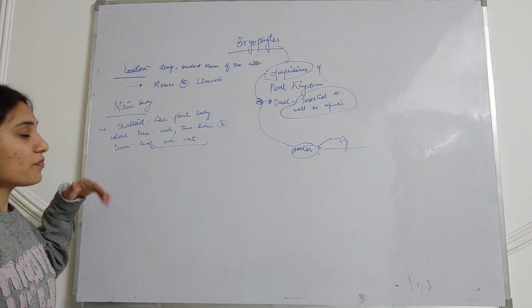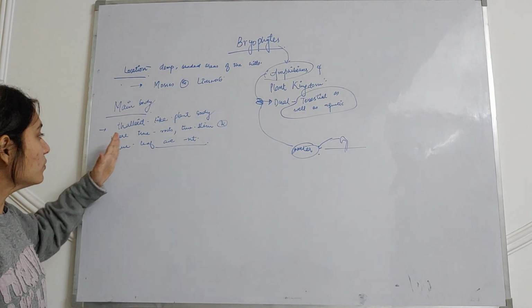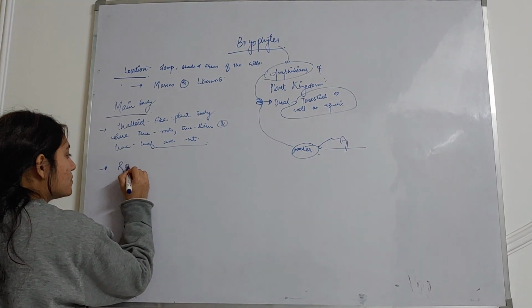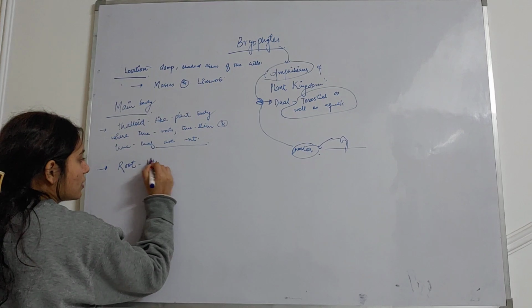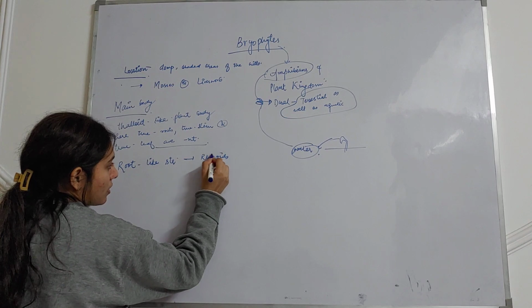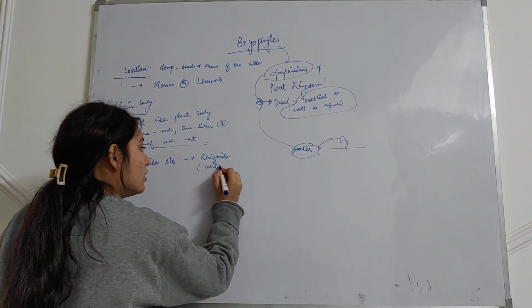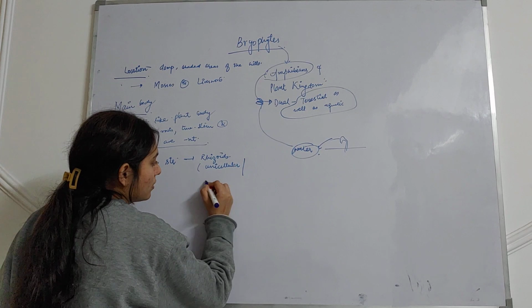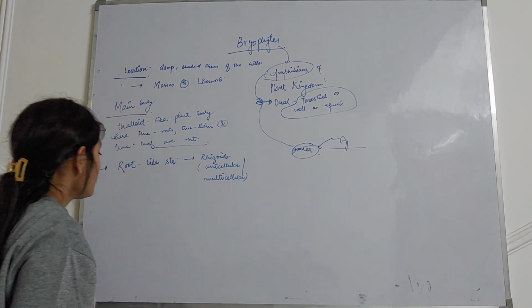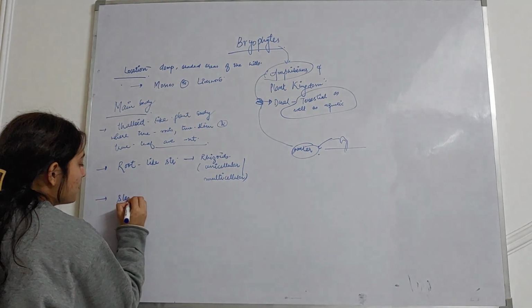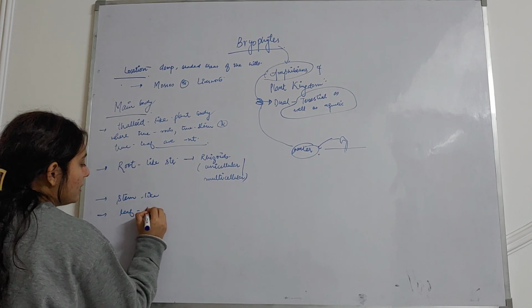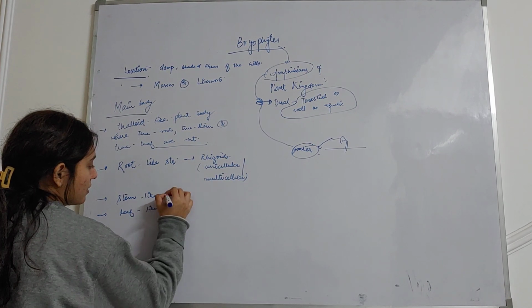In case of root, a root-like structure is present in bryophytes called rhizoids, which can be unicellular or multicellular. And stem-like structure is present and leaf-like structure is present.